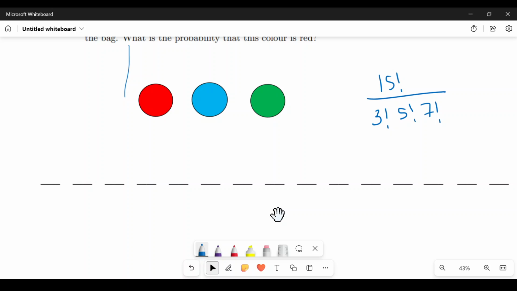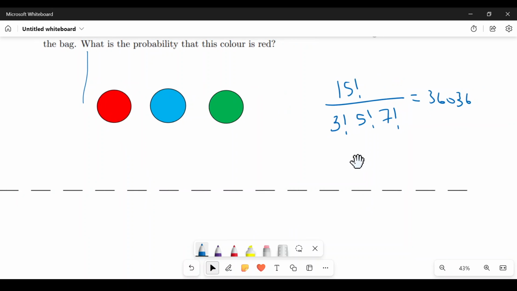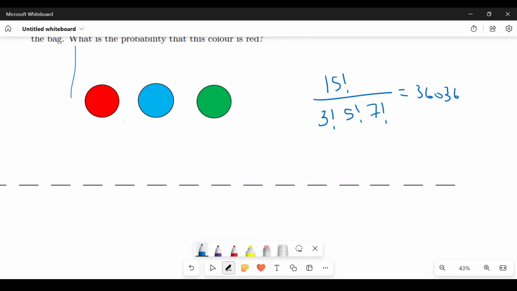So I get 360,360. That's an awful lot less than 1.3 trillion. So that ran off screen there. So that is the bottom of the denominator for us in this question. That is the total number of ways that you can pull 15 marbles, where 3 are red, 5 are green, and 7 are blue.